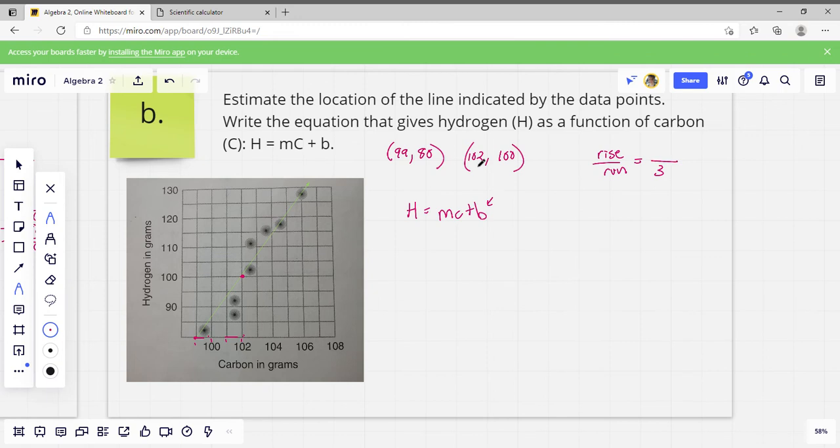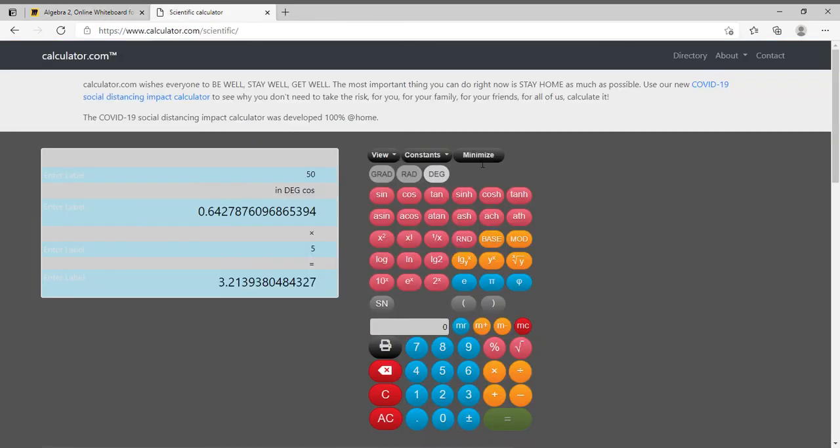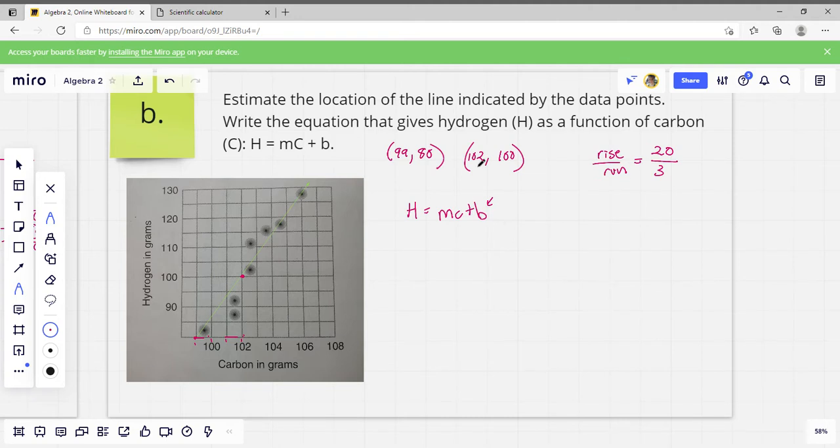My rise would be, I went from 80 to 100, so 20. 20 divided by 3. 6.67, we're going to say. So h equals 6.67c plus b.